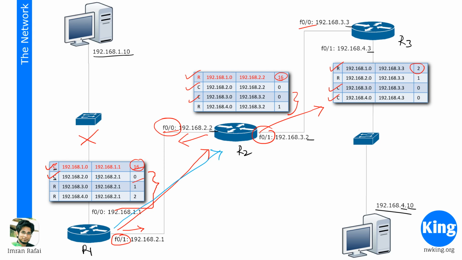Immediately when router 2 gets that, it updates its routing table to 16, and it sends the same update to router 3, which also updates its routing table to 16, by which time all the devices participating in RIP will know that the network 192.168.1.0 is not accessible to anyone.